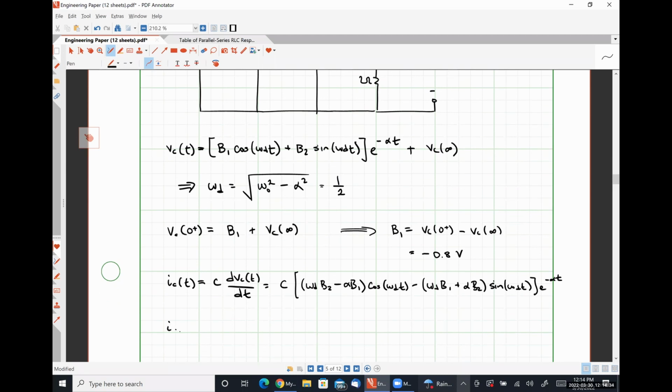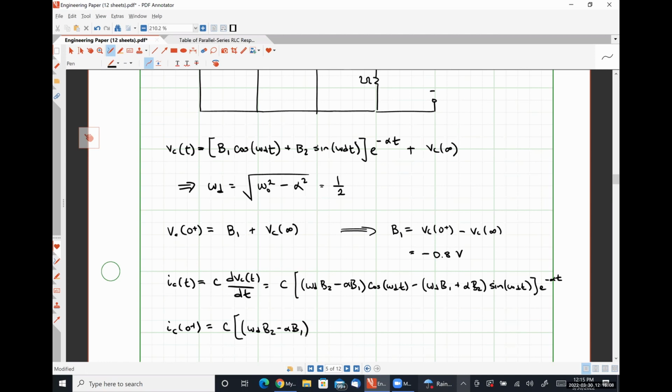IC at 0 plus is just going to be whatever falls out of this. Obviously our cosine 0 term stays, which gives us C multiplied by omega d B2 minus alpha B1.